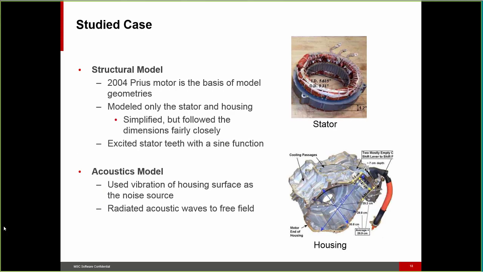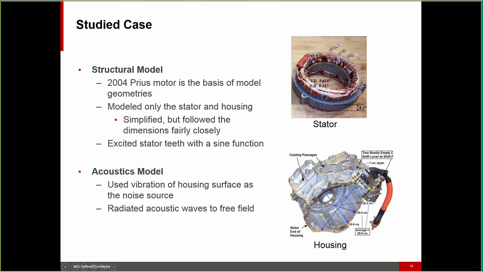In this demonstration, we used the 2004 Prius motor, as shown here, as the base of our model, and we only modeled the stator and its housing, or the frame. The geometries are simplified, but we followed the original dimensions fairly closely. So the original dimensions you can see here.